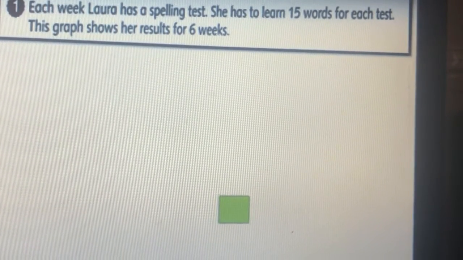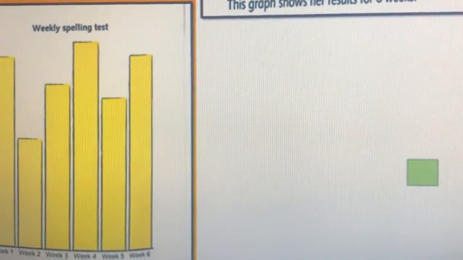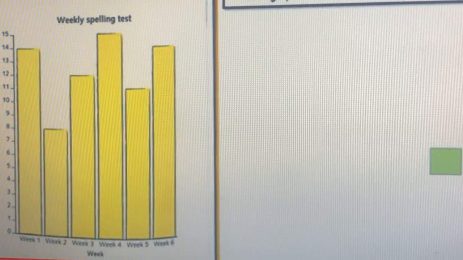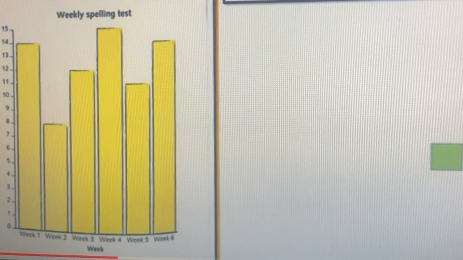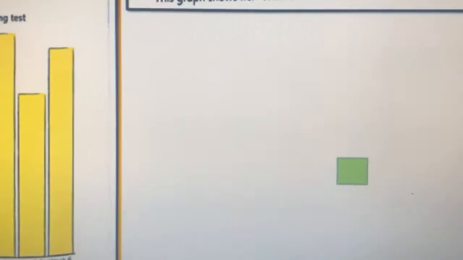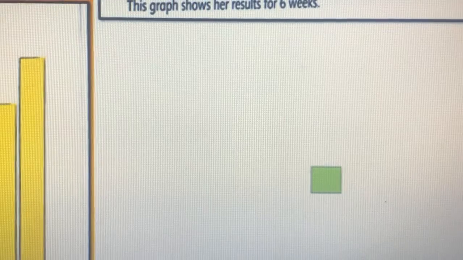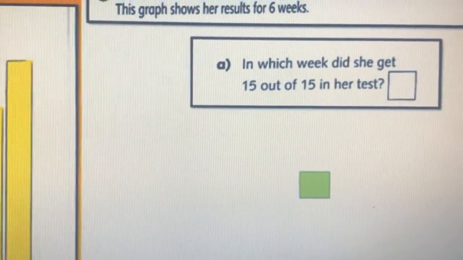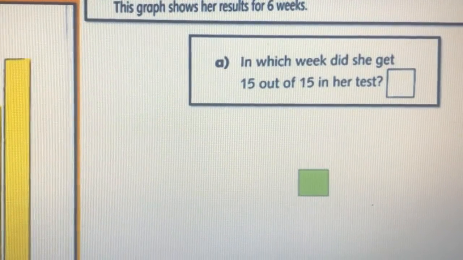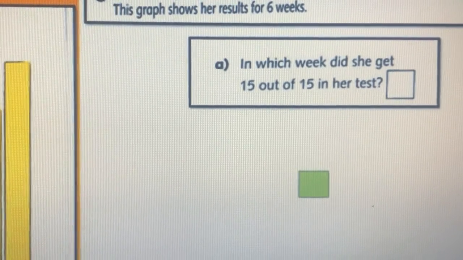Look carefully at the graph and let's see what the first question is going to be. Okay, going to the first question. In which week did she get 15 out of 15 in her test?